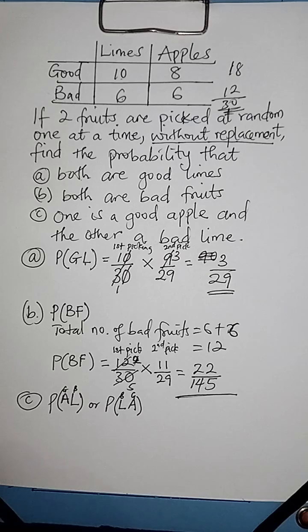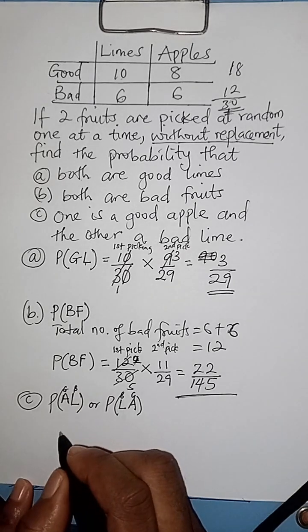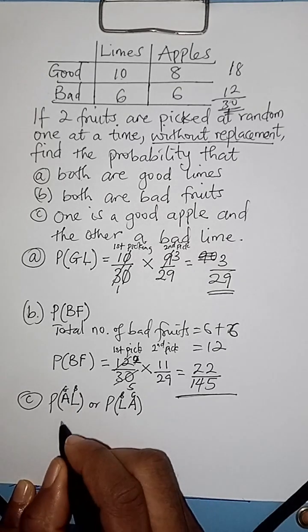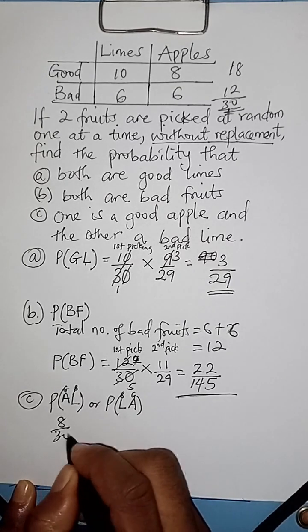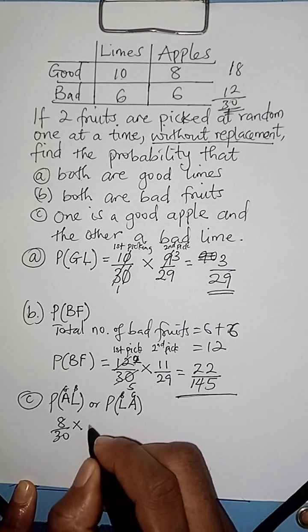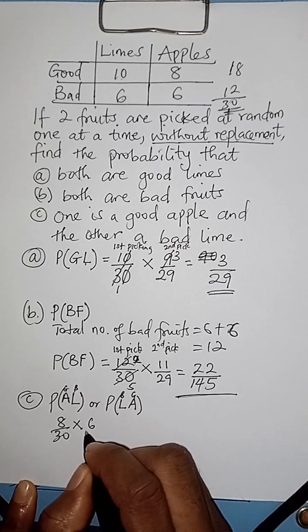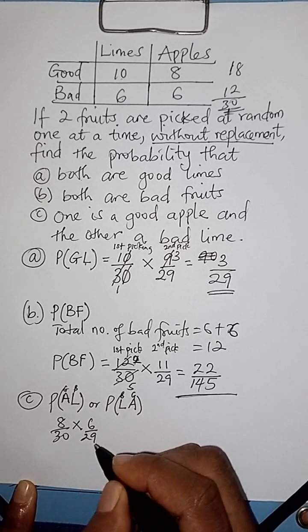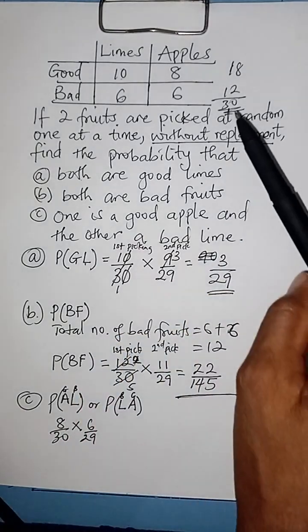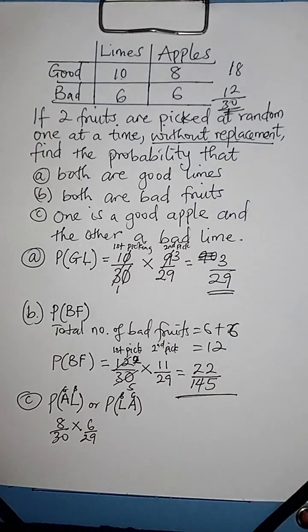So here, in this probability, that it's a good apple is 8 over 30. That it's a bad lime is 6 over 29. Now remember, it's always decreasing because the number of possible outcomes reduces, because it is without replacement.